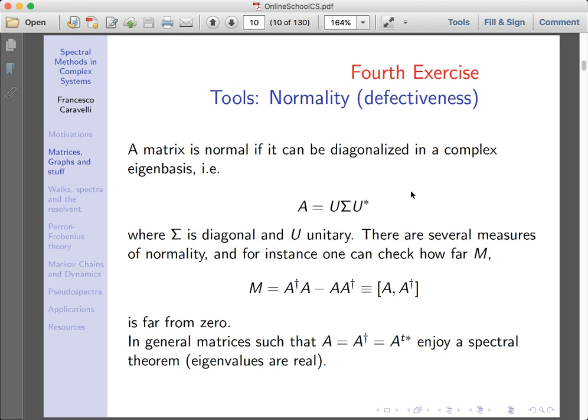Examples of matrices that satisfy the spectral theorem of this form, meaning that they can be diagonalized by a complex eigenbasis, but where the eigenvalues are not real, are skew Hermitian matrices, for instance. These have eigenvalues that are only imaginary, without a real part.